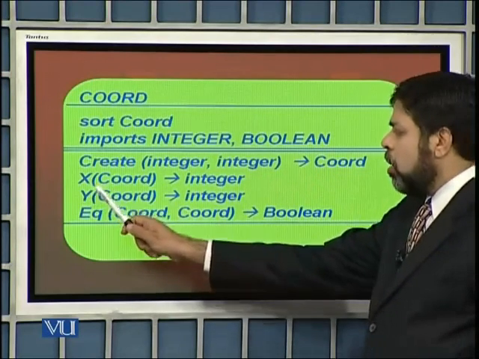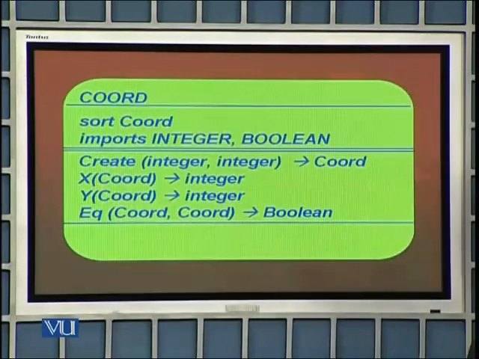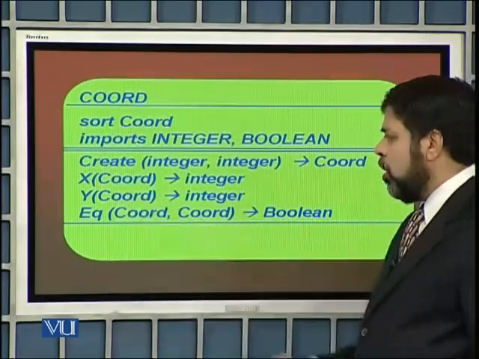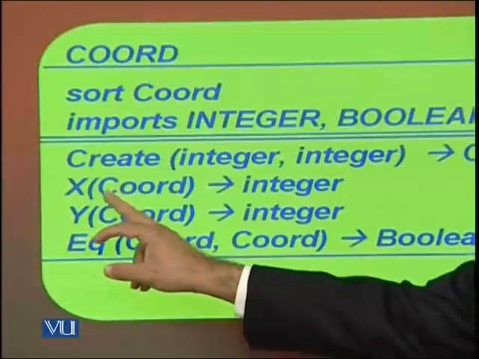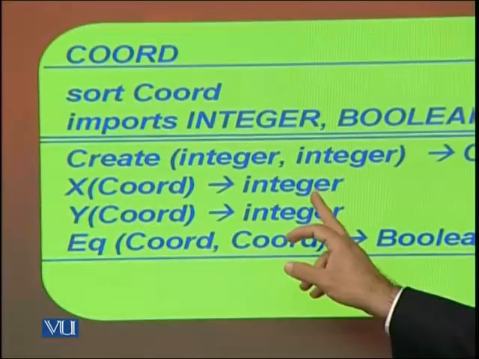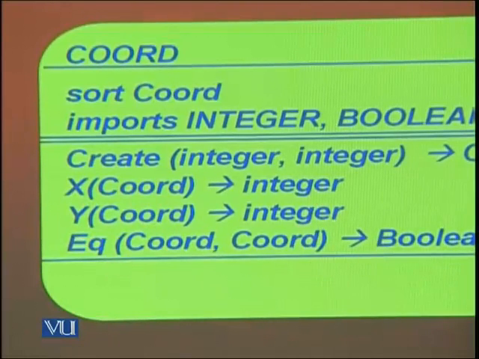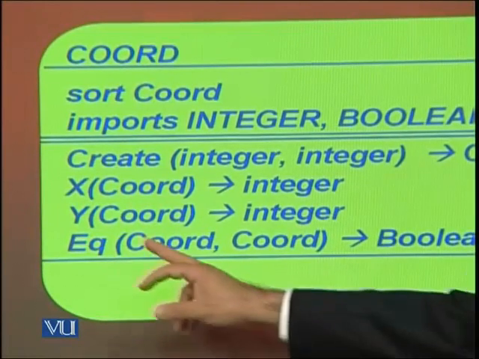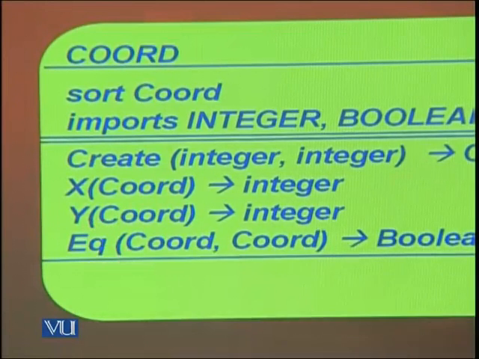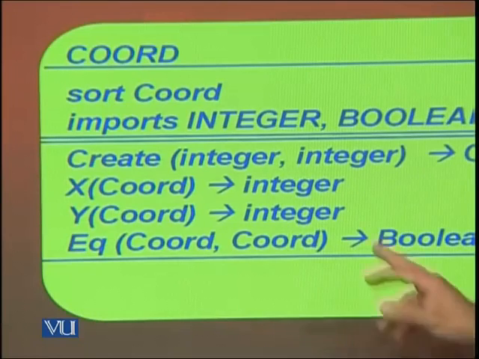I can apply this function x on a coordinate. So I say, give me the x component of the coordinate. It gives me an integer value back. And I say, give me the y component of the coordinate, and it gives me the y component back, which once again is an integer.